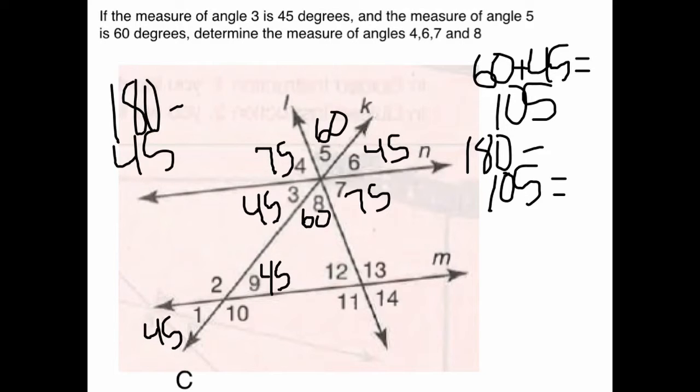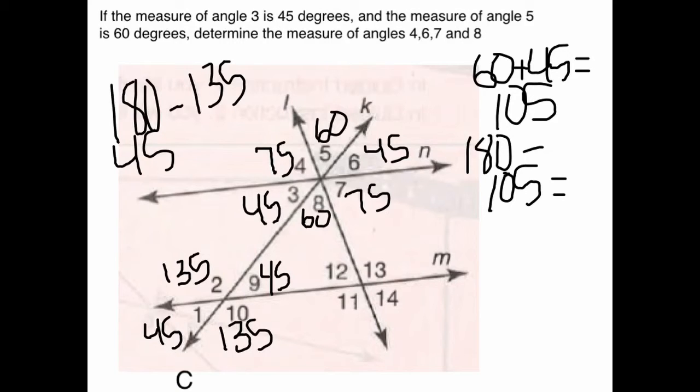If I do that, the value comes out to 135. So that means the value of angle 2 is 135. And that means the value of angle 10 is also 135 because the two are vertical.